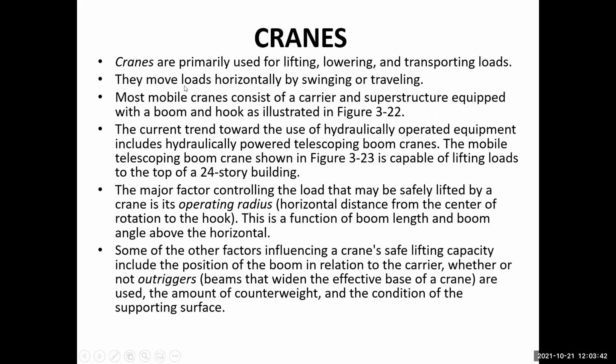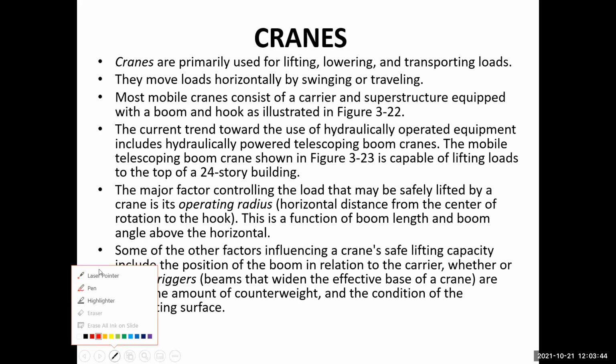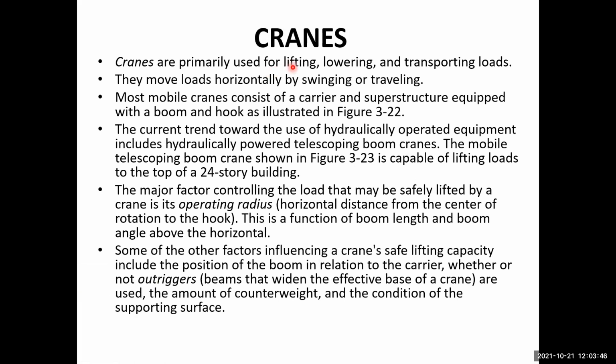so cranes are primarily used for lifting, lowering, and transporting loads. So these are their basic functions. They move loads horizontally by swinging or traveling. So both types of motions, swinging and traveling, take place.